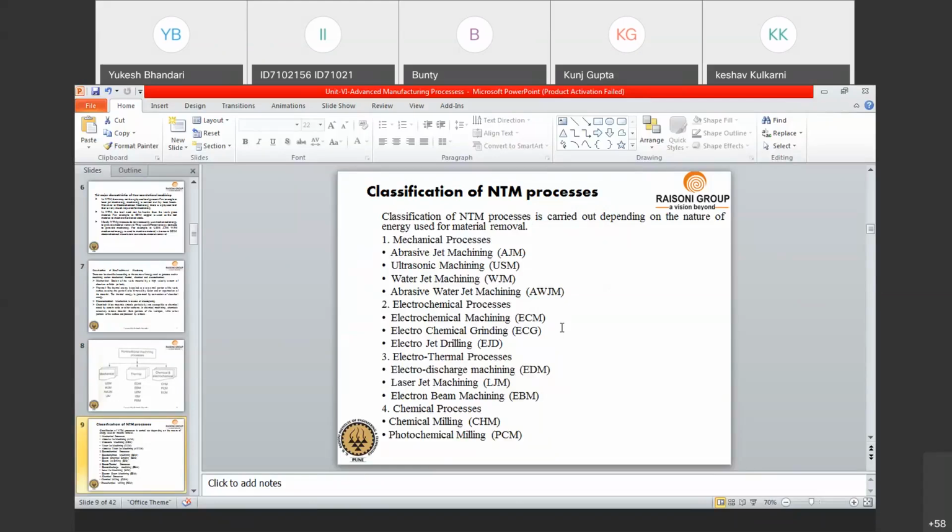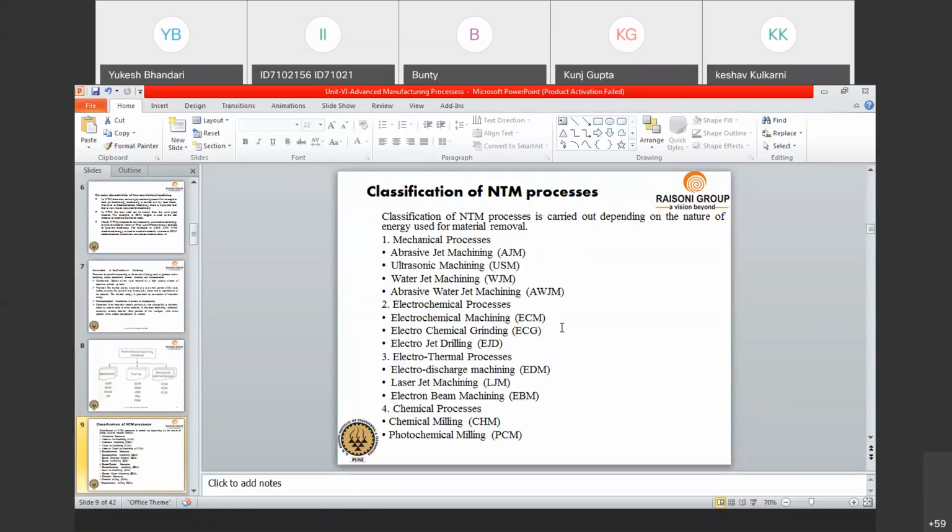and then you can describe, for mechanical processes, how the machining actually occurs. Then different examples like AJM, USM, WJM, AWJM. Then you can write thermal energy or electrothermal processes. Okay, like this chemical process, electrochemical process, and you have to give a few examples.